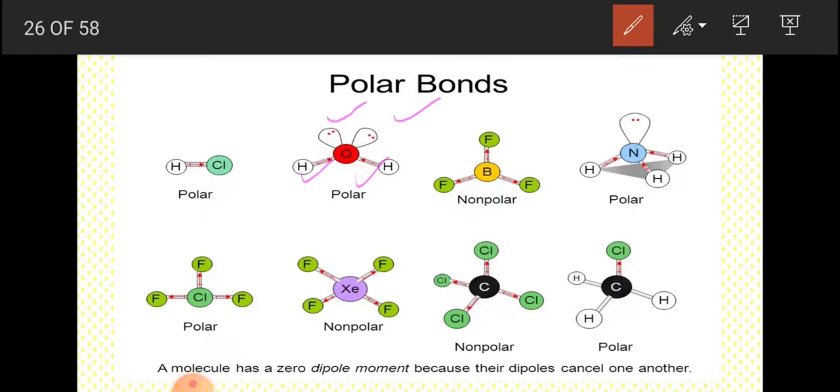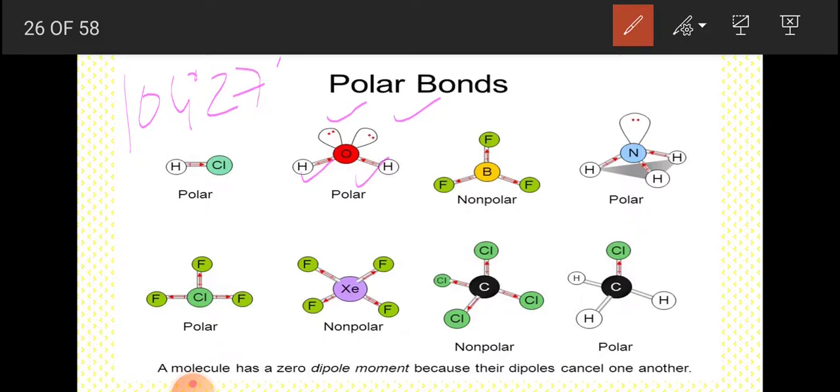The two lone pairs distort the bond angle from 109 degrees 28 minutes to 104 degrees 27 minutes. You have to learn the bond angles: hydrogen-carbon-hydrogen in methane, which is tetrahedral, then hydrogen-nitrogen-hydrogen in ammonia, and hydrogen-oxygen-hydrogen in water, that is 104 degrees 27 minutes.